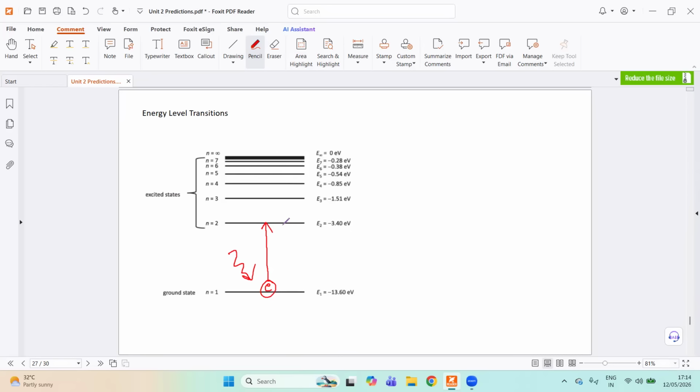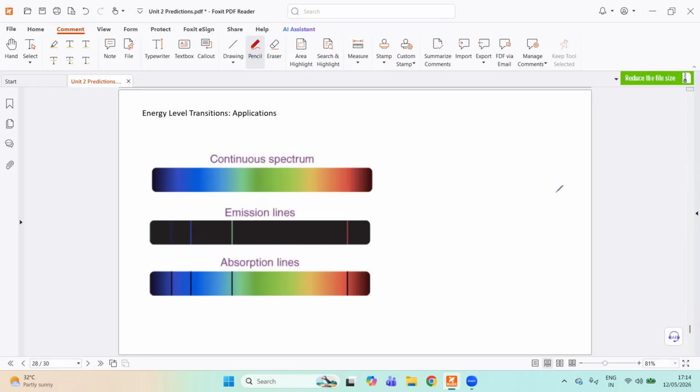And for energy level transition concepts, always remember the energy of the photon is always equal to the difference in energy levels, always, okay? And all calculations involving energy level transitions are based on this. And using energy level transitions, there could be some applications.